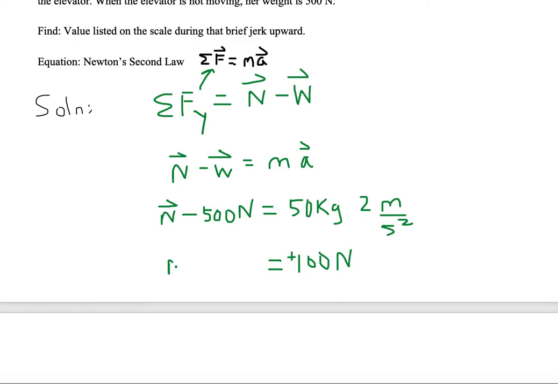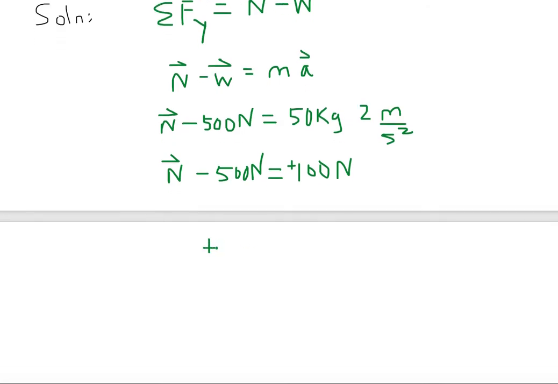We still have on the left-hand side N minus 500. Now we want to get N by itself on the left-hand side, so we need to add 500 newtons to both sides of the equation, which doesn't change the equation because we're doing the same thing to both sides. Minus 500 plus 500 is 0, they cancel each other out.